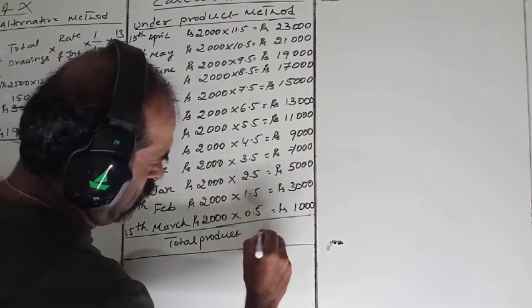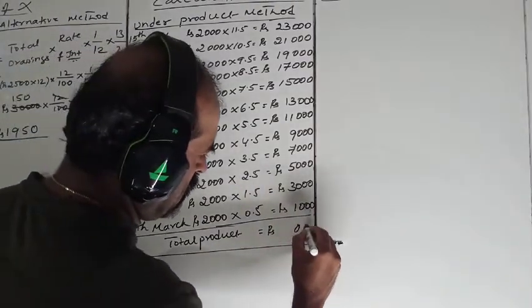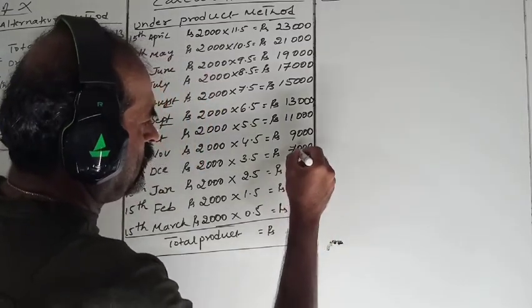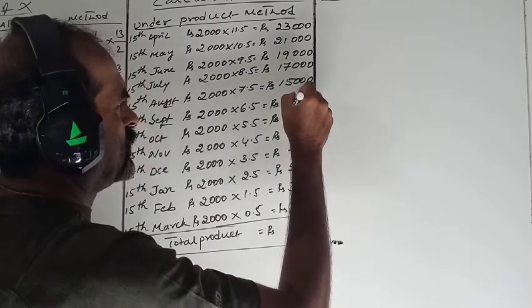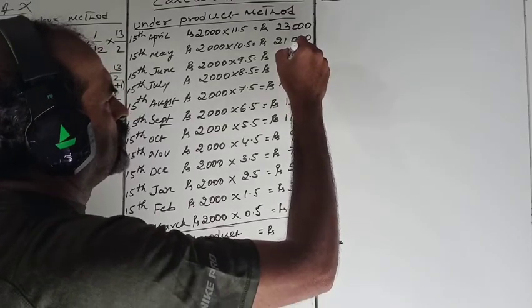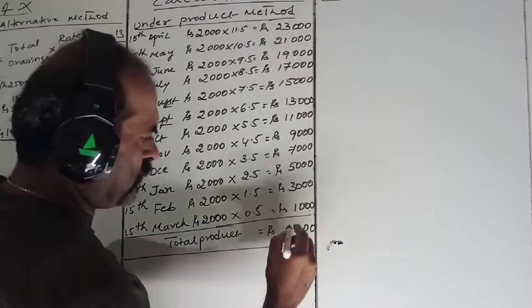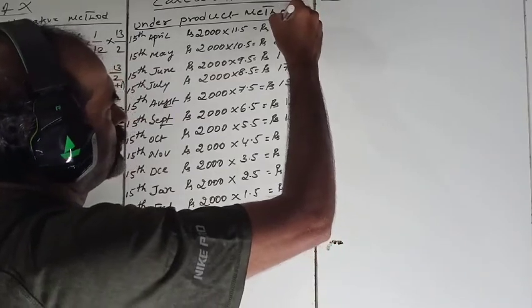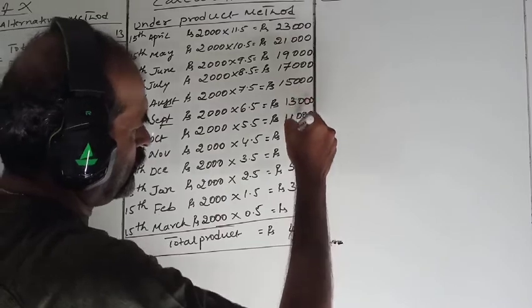Total product equal to rupees 1,44,000. Adding the column: 4, 9, 18, 25, 26, 29, 34, 41, 50, 51, 54, 5 carry 7, 9, 10, 11, 12, 13, 14.